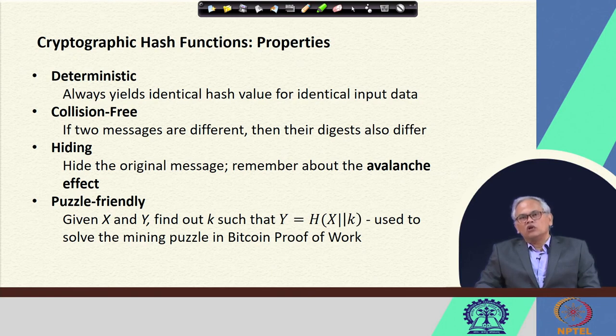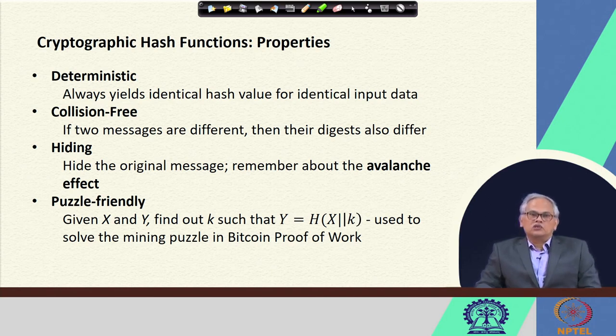Even if there are small variations in m1 and m2, the digests h of m1 and h of m2 should not be similar. That means knowing a particular message m1 and its digest h of m1, I should not be able to predict the digest h of m2 for message m2.